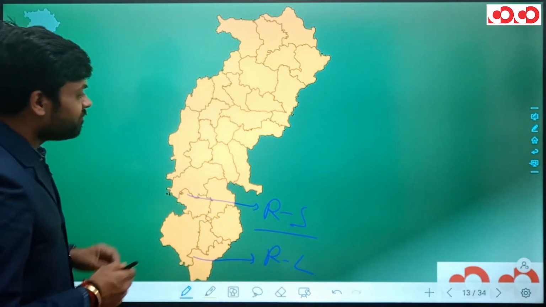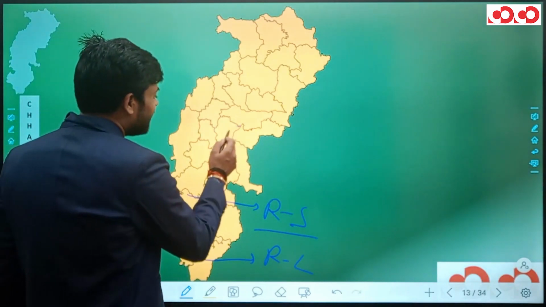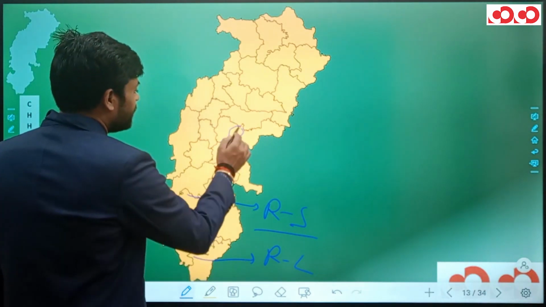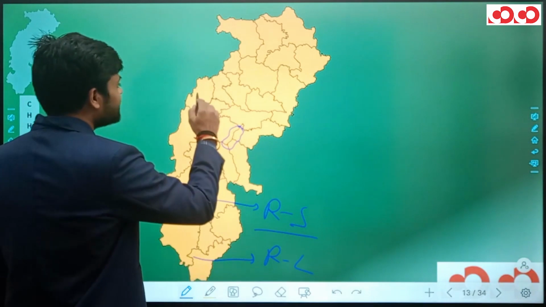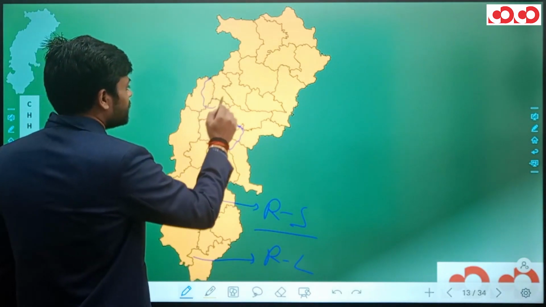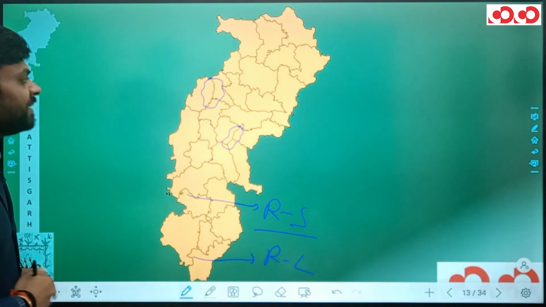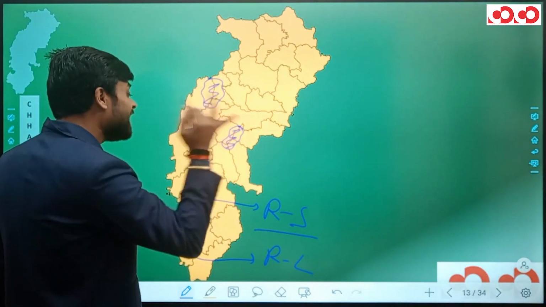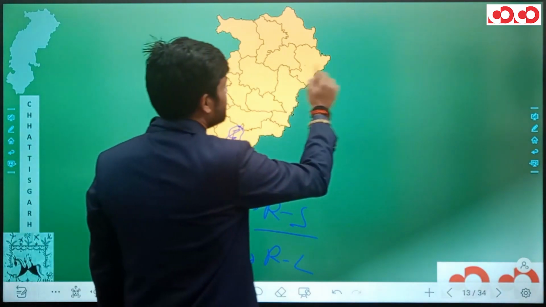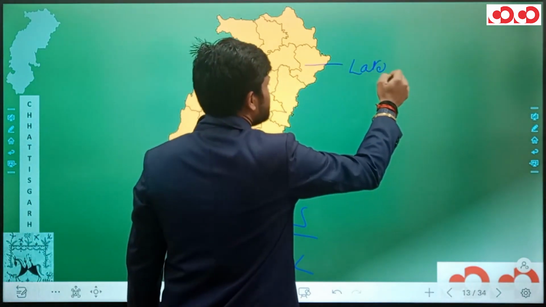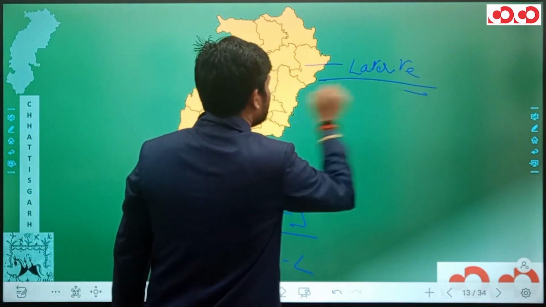The extension of black soil is generally in and around this Raipur district of Raipur division, and in some districts like Kabirdham, Mungeli and Bemetara.